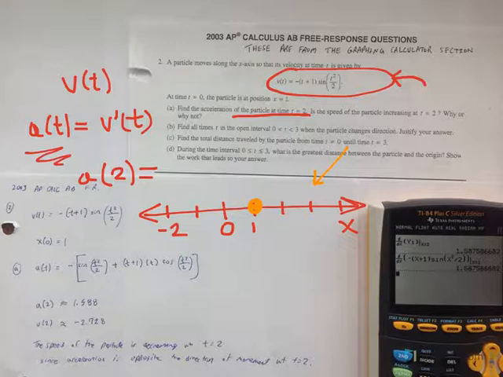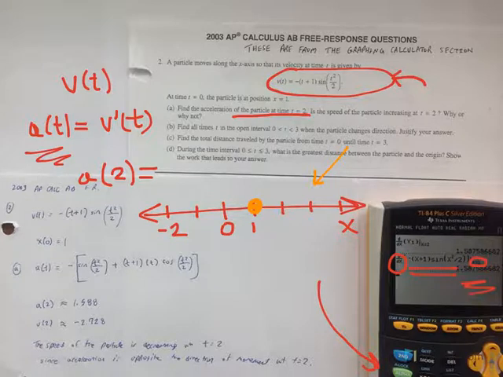So the way you do that is you go to the math key, which is underneath the alpha key, and then you go to nDeriv, and you can have this pop up on your screen. Enter the function, and you want to evaluate it at time t equals 2, and it will tell you the acceleration.